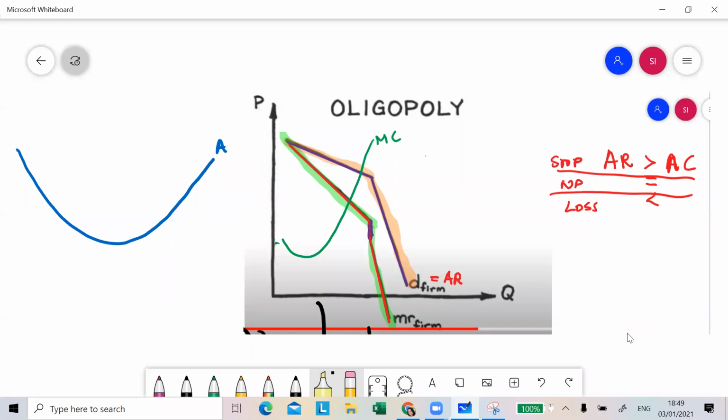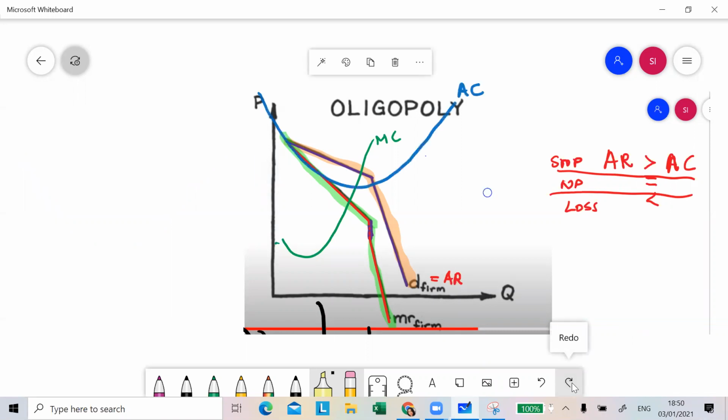Okay, now these are the curves for an oligopoly. As you can see, the MR curve, the demand curve, which is equal to AR, and we have a marginal cost curve. So this is going to be similar whether the firm is making a supernormal profit, normal profit, or a loss. Now, we can decide where to keep the average cost.